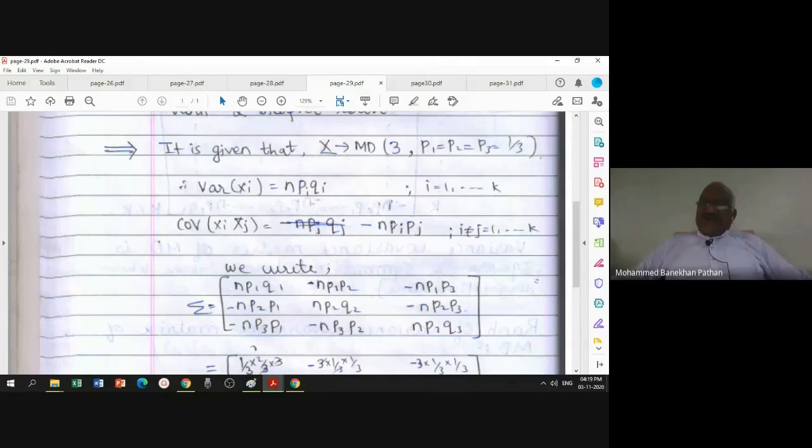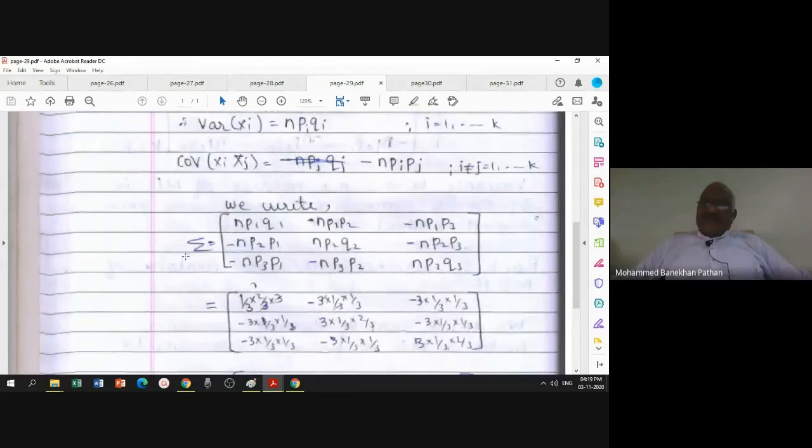So I can write the variance covariance matrix sigma with 3 rows and 3 columns. What is this first element? It is x1 with x1, so it is a variance. And the variance for x1 is n times p1 q1. What is this element?